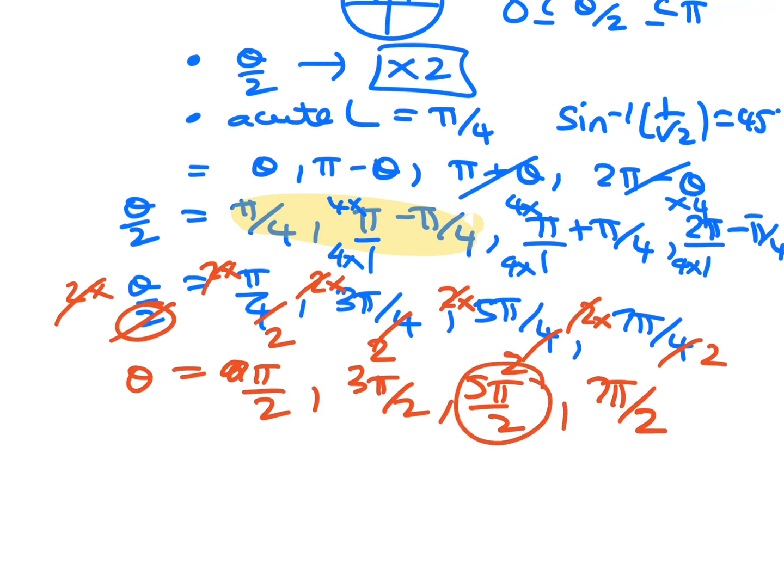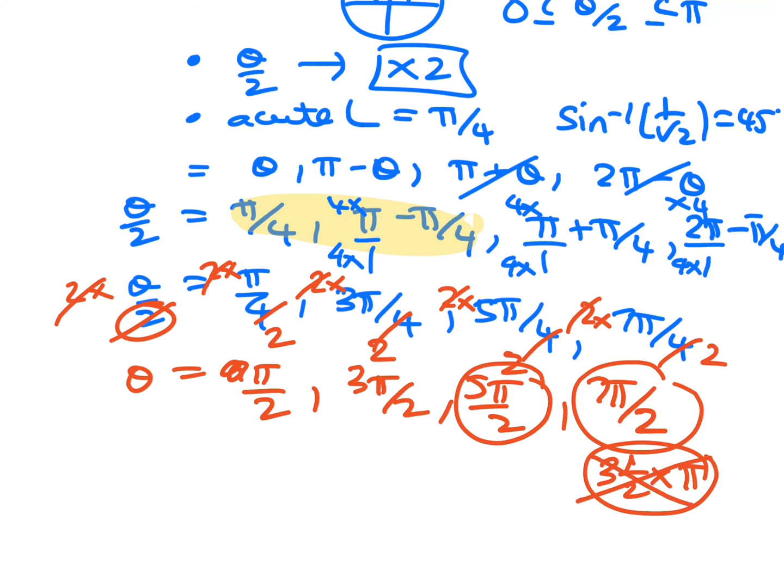Okay, now you notice that these 2 here, so that's 3.5 lots of pi. Okay, and so that's way out of the domain because it's got to be between 0 and 360. And this one here is the same. So this is 5 lots of 90, which is 450, so miles outside the domain.